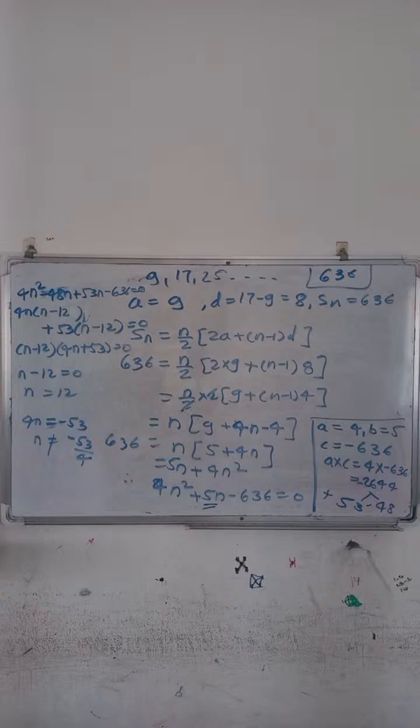I'll repeat. If the sum of the first 14 terms of an AP is 1050 and its first term is 10, find its 28th term.